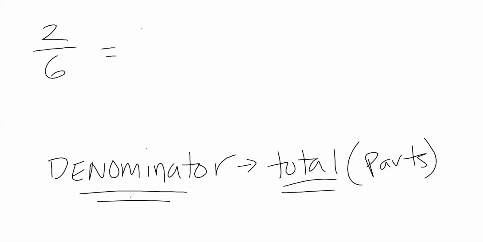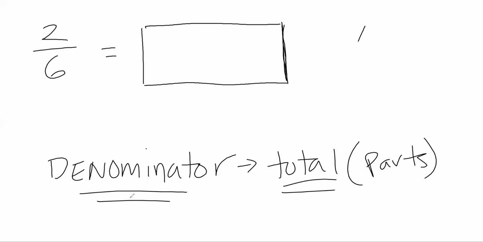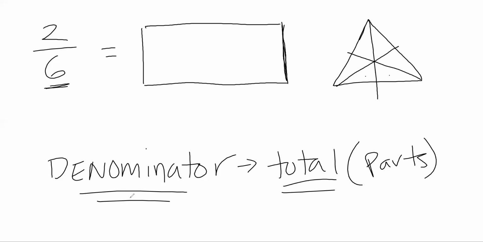I've said I think the rectangle is very helpful. Rectangles and squares are really helpful. We can draw the model a different way, like I could draw this as a triangle. I just have to partition this into 6 equal parts. 1, 2, 3, 4, 5, 6.